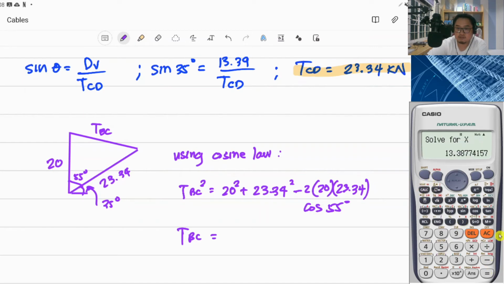Shift solve. So TBC is 20.23 kilonewton. Okay, so we now have the answer for the second question.